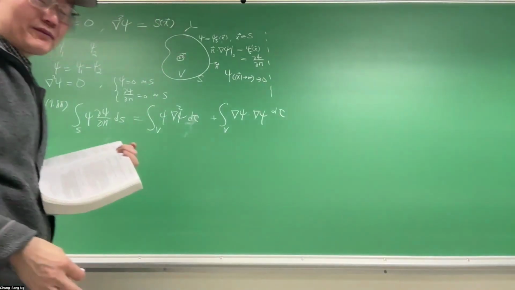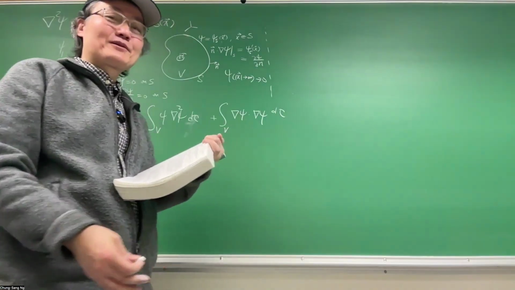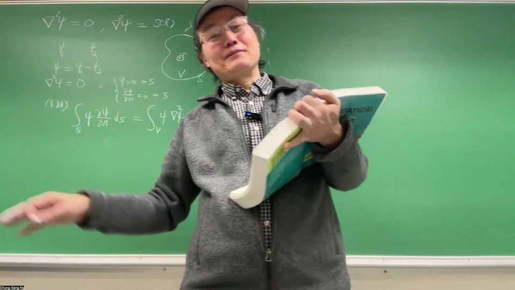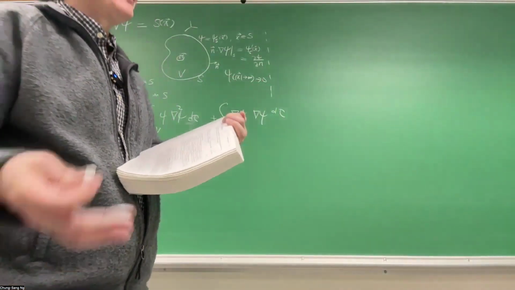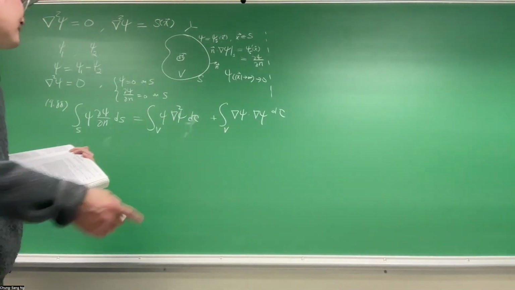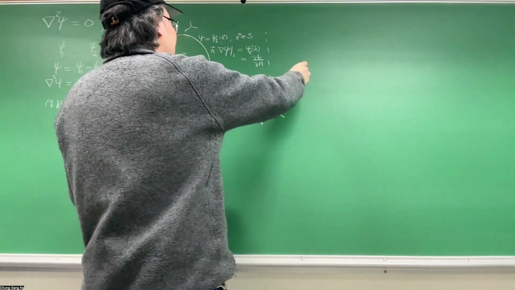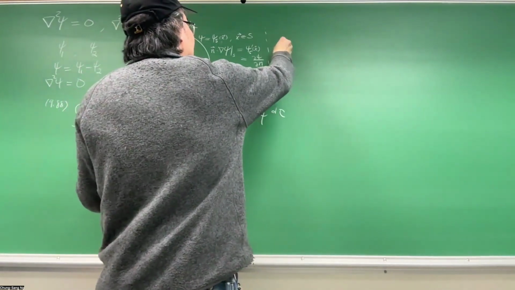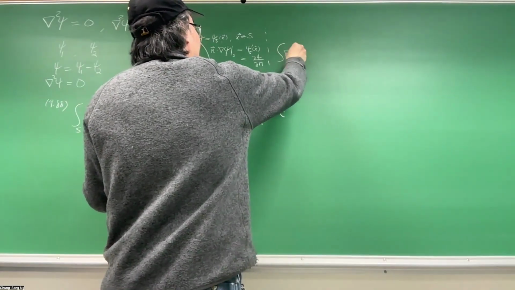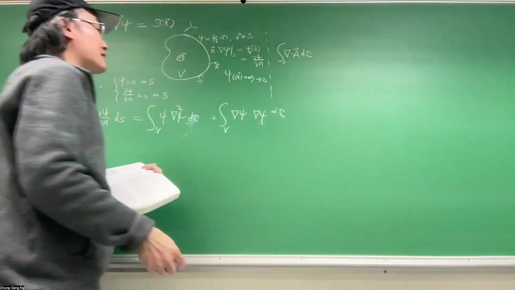Although the historical order of deriving these theorems might not be this way, you might start with the Green identity with scalar functions first, and then derive the divergence theorem, the Stokes theorem, and so on, but it doesn't matter. For us, it's not a proof, it's just to show it from what we know. The divergence theorem says we have the divergence of a vector field A over a volume, using the same notation as the textbook.